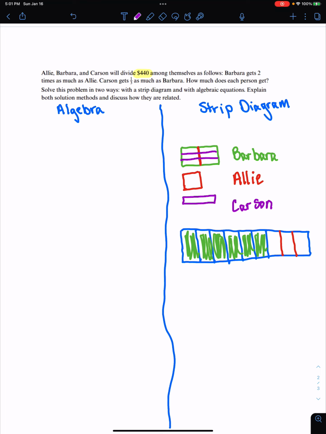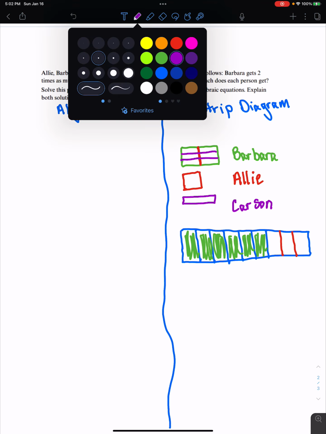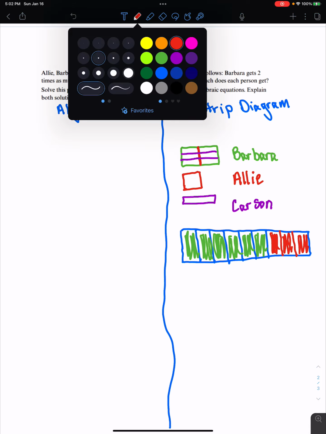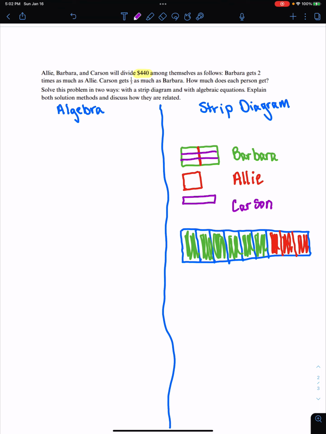And Carson gets 1/3 as much as, let me color in Allie's pieces. Allie, right? Because Barbara gets 2 times as much as Allie. And then Carson gets 1/3 as much as Barbara does. So since Barbara has 6 pieces, Carson gets 2. Sorry, this is going off the page a little bit, but there's Carson.